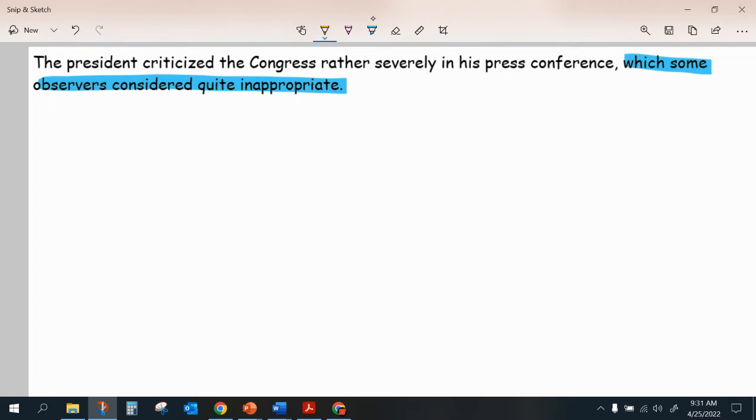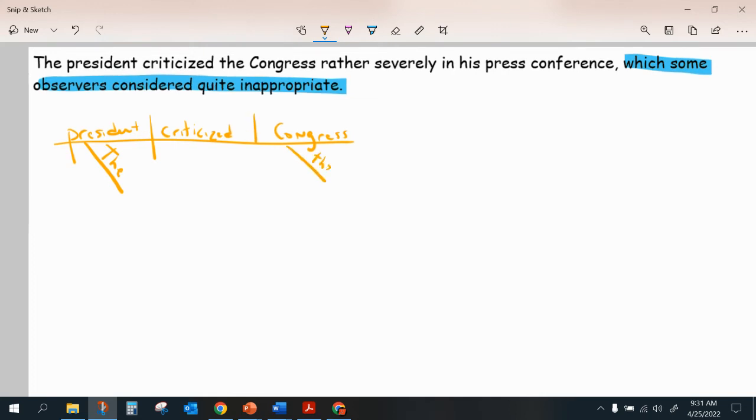So we have an outside sentence, which is the president criticized Congress. I'm going to build this close to the top here. So here's president. It's the president criticized, direct object, Congress. Not sure why I said the Congress, but we'll just go with it.